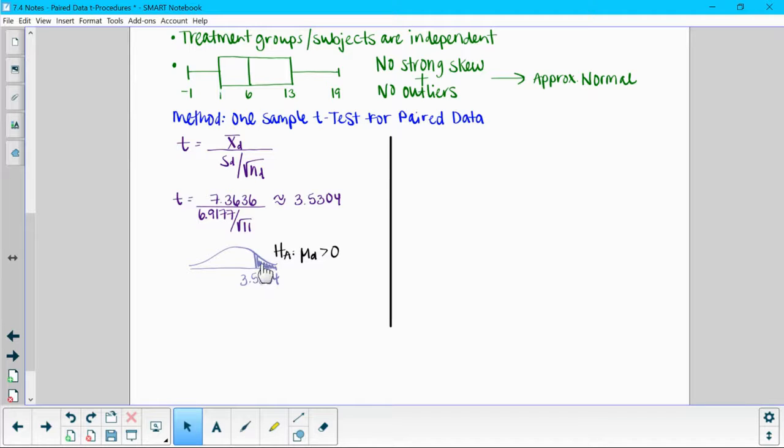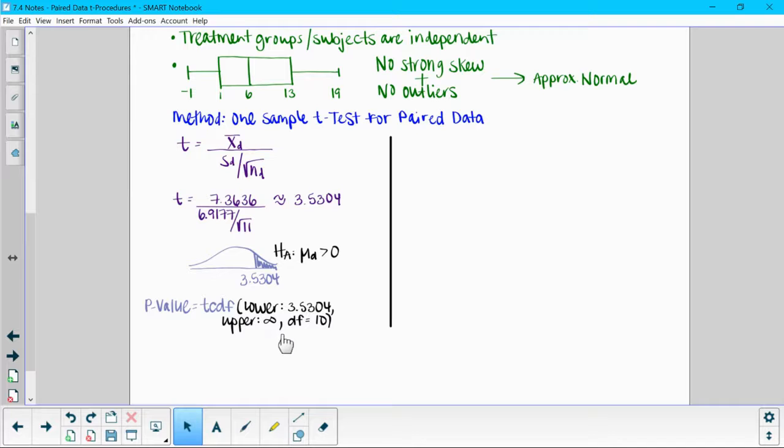Now, in order to get this area, I do have to go to my calculator again, go to second vars, and I need to go to TCDF. And it's going to ask me 3 things. It's going to ask me lower bound, upper bound, and degree of freedom. So my lower bound is the t-statistic. My upper bound is infinity.